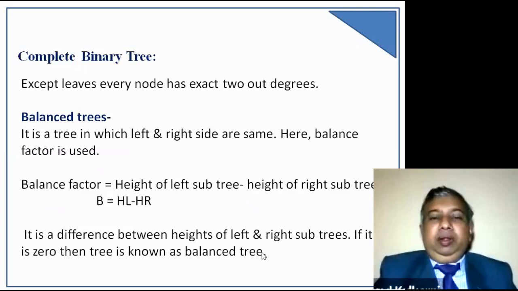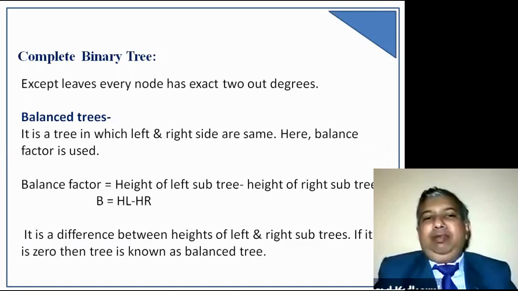Another concept is called a complete binary tree. A binary tree in which except leaves every node has exactly 2 out degrees is known as a complete binary tree. There is one more concept called a balanced tree. It is a tree in which left and right sides are the same.